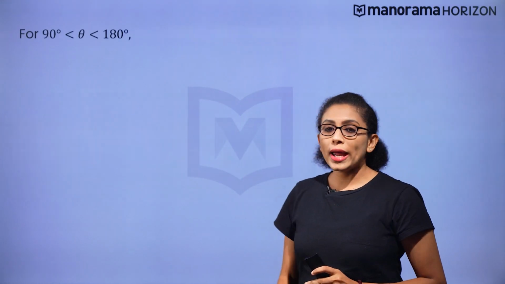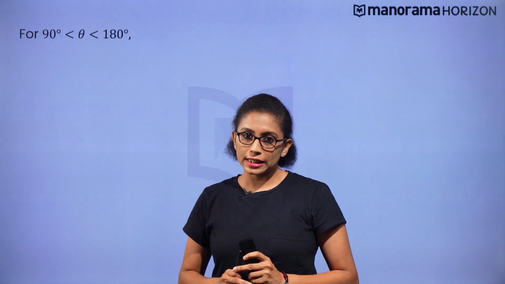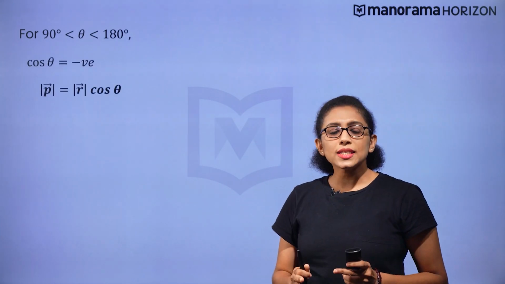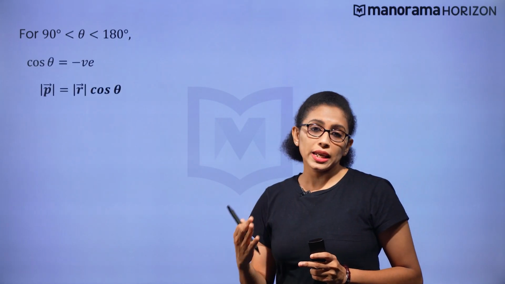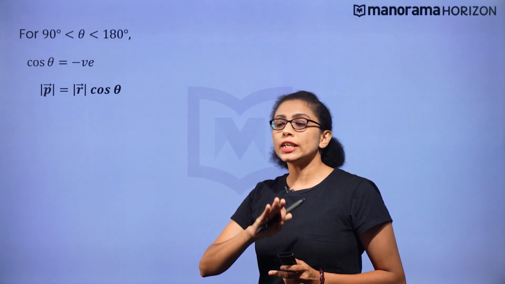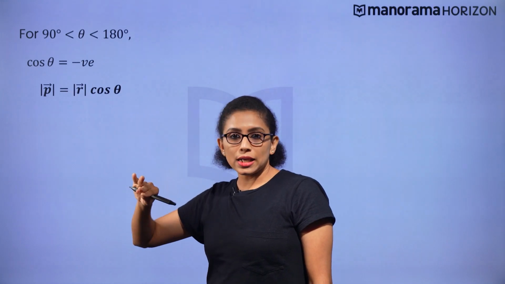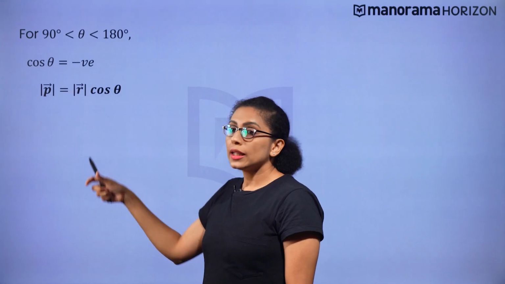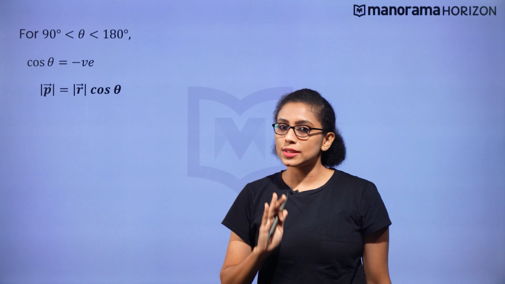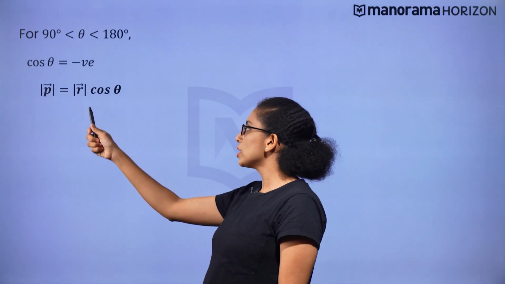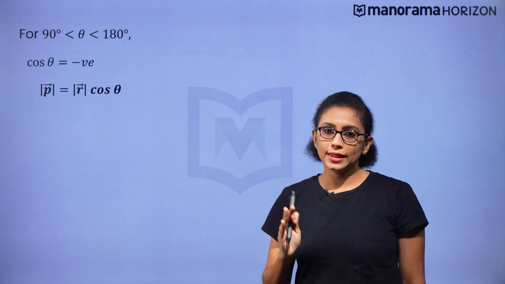Now when theta is greater than 90 degrees but less than 180 degrees, cos theta is negative. So in that case, the direction of vector P is opposite to the direction of line L. That means we get a minus factor. But the magnitude of P will remain the same because it's a modulus value. So modulus of P is equal to modulus of PQ times cos theta.